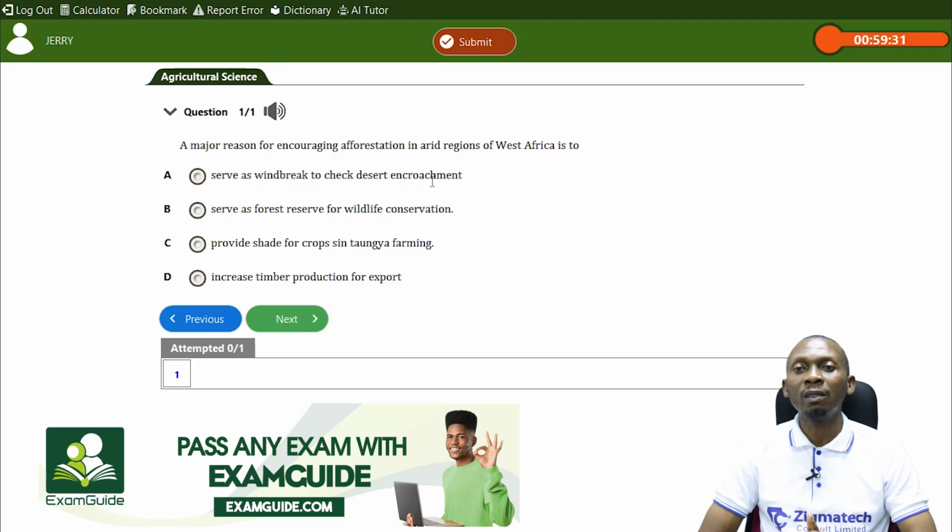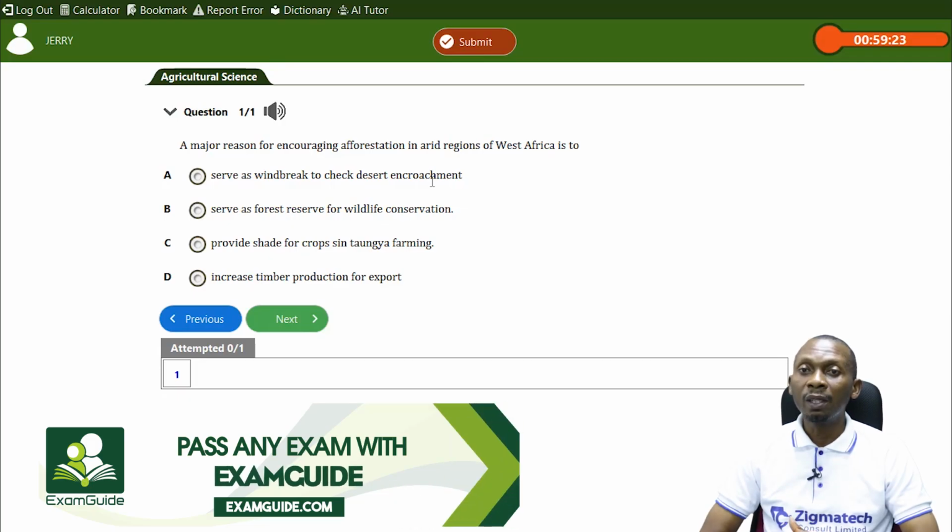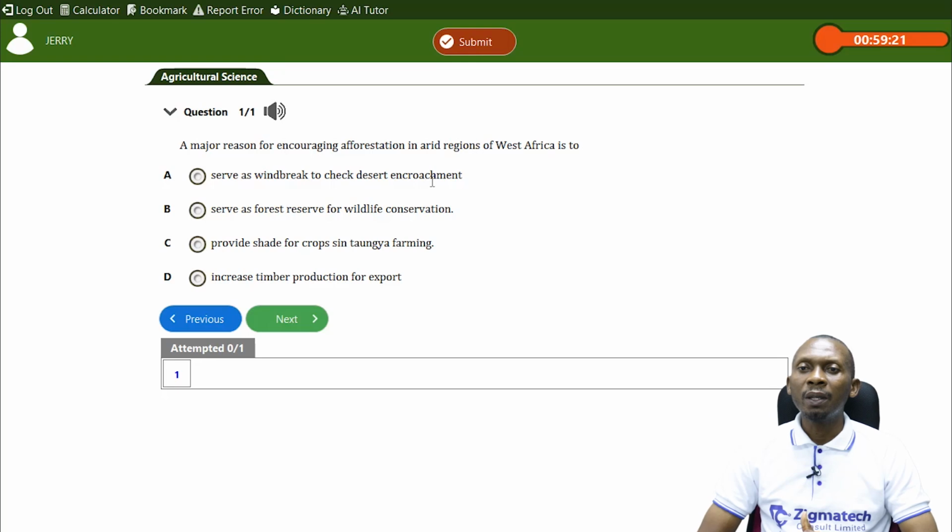An arid region is a dry region without rainfall, which will most likely have a lack of water. So the reason why trees should be planted in such an environment is to serve as windbreaks to check desert encroachment. So that's the answer.